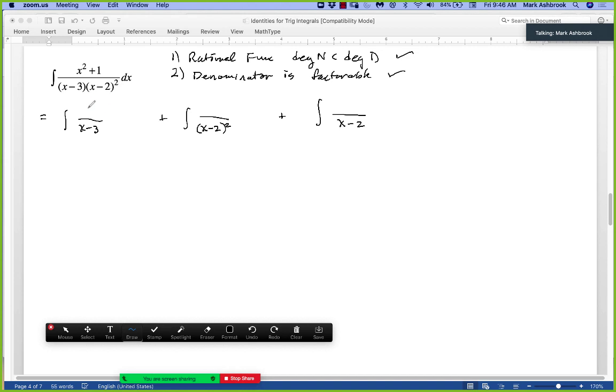All right, so we're going to figure out what our constants are. Say A, B, and C. So for these possible factors of the denominator, x minus 3, x minus 2 squared, and x minus 2, I'm going to put the x minus 2 first, if that's okay.